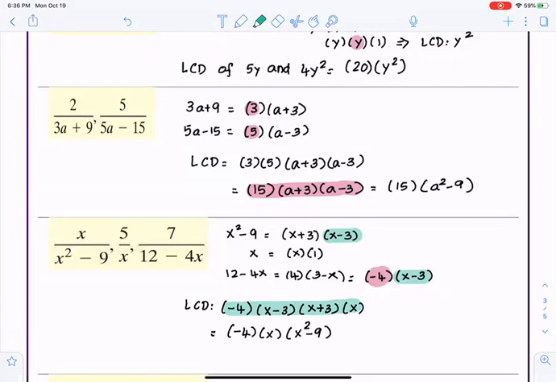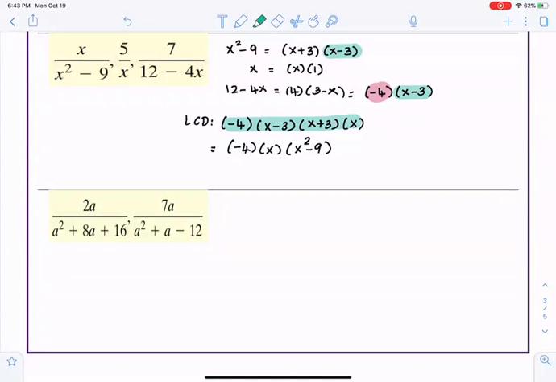So if we're trying to add terms together, it's best to retain the LCD in the factored form so that there could be a possibility to cancel terms out between the numerator and the denominator and simplify the answer properly.